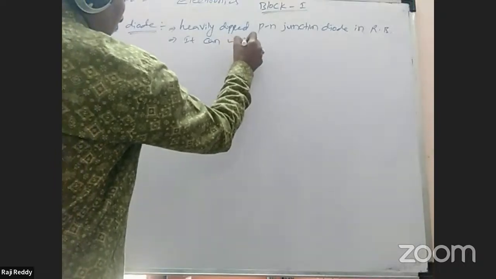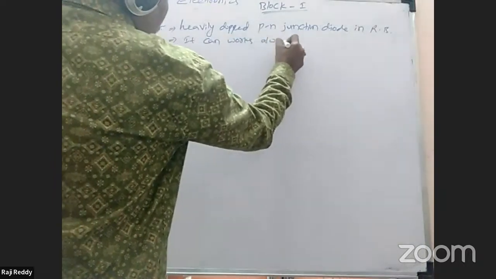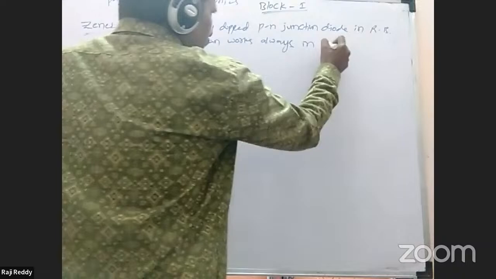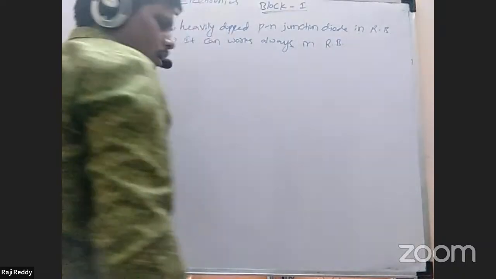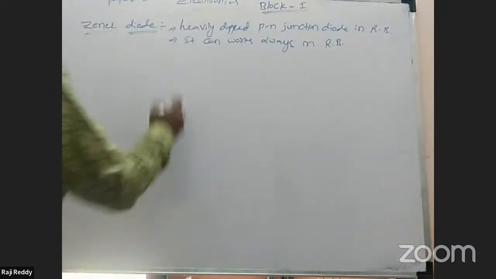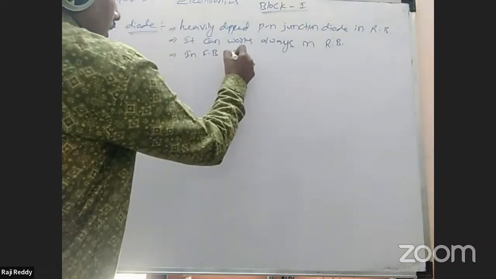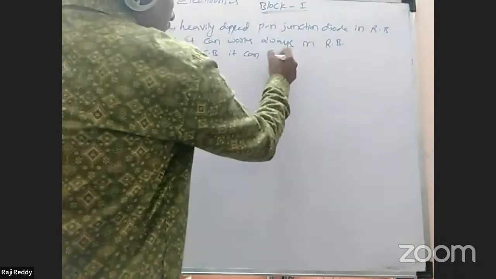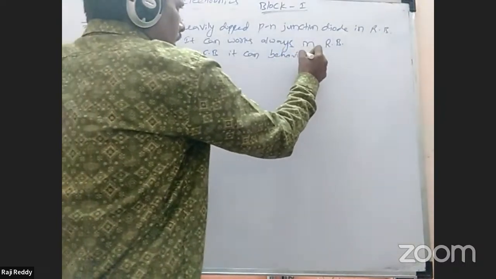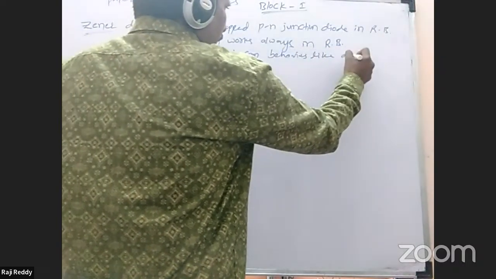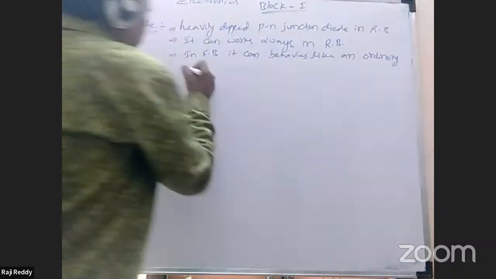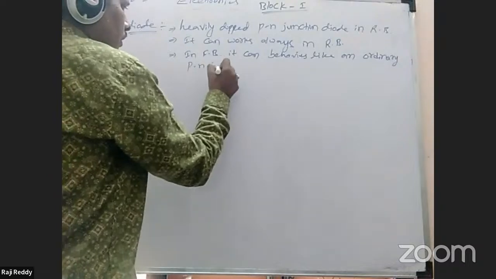So what about forward bias, sir? In forward bias, it behaves like an ordinary PN junction diode.